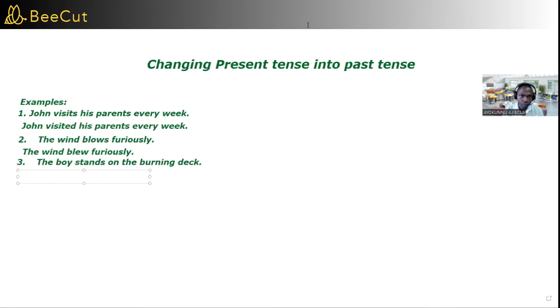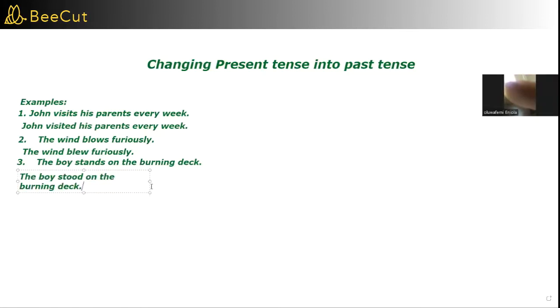It is the verb stand that we are trying to change. So that becomes: the boy stood on the burning deck. That changes to past tense by changing stand to stood.